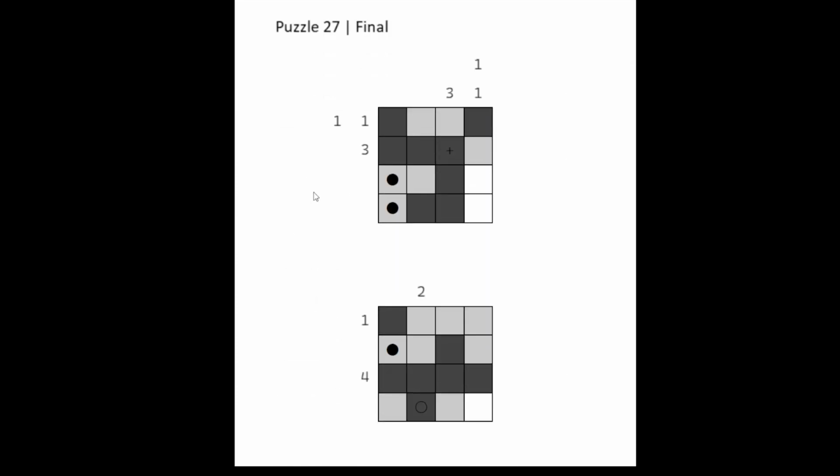Okay, that would force this to be white though, if that were mirror symmetry. Hmm. I don't know if for some reason this has to be black and then both of these are traveling to this corner and that's why this is black.